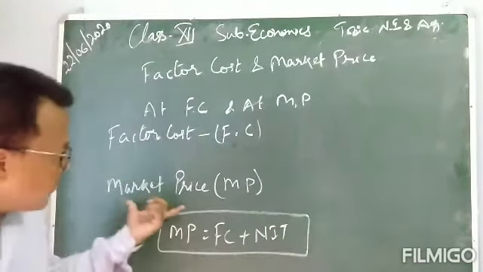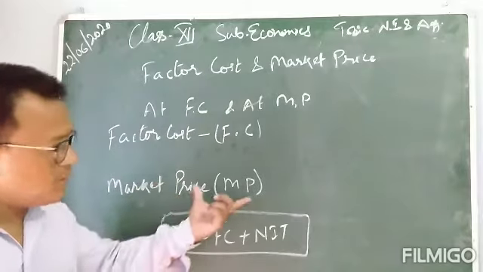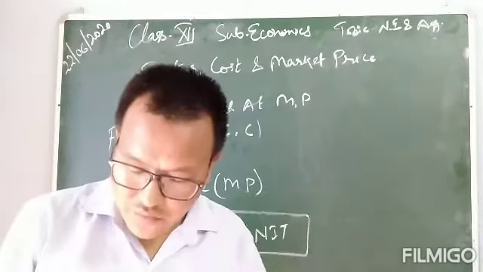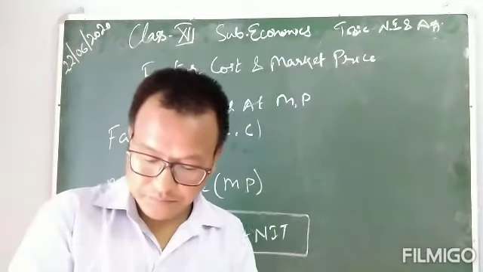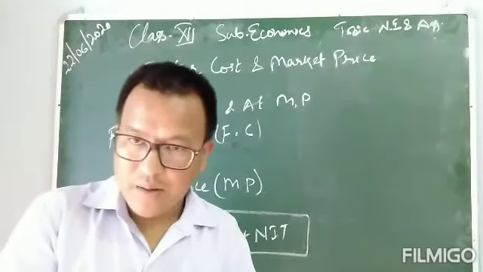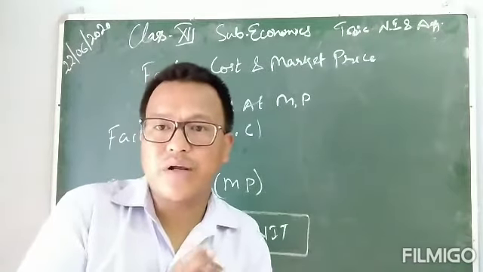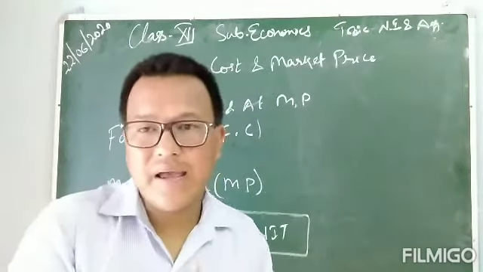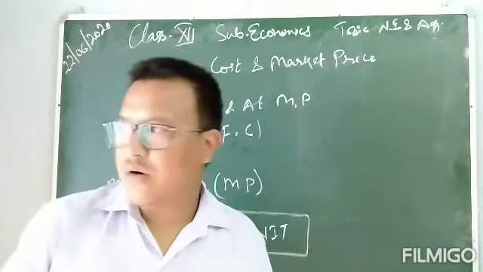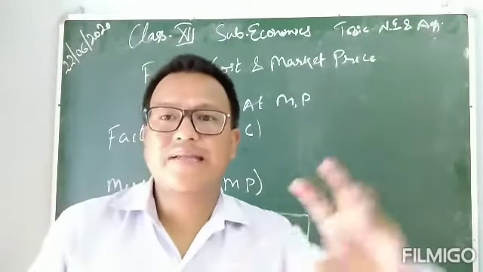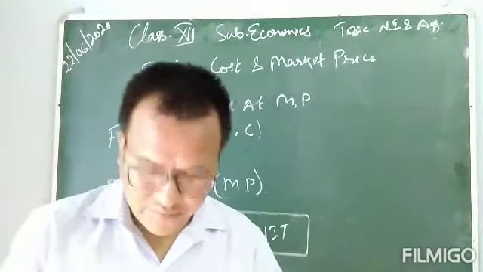Then there is market price. The market price is the price at which a consumer buys a commodity from the market and has to pay the market value, whatever the market price has been defined.